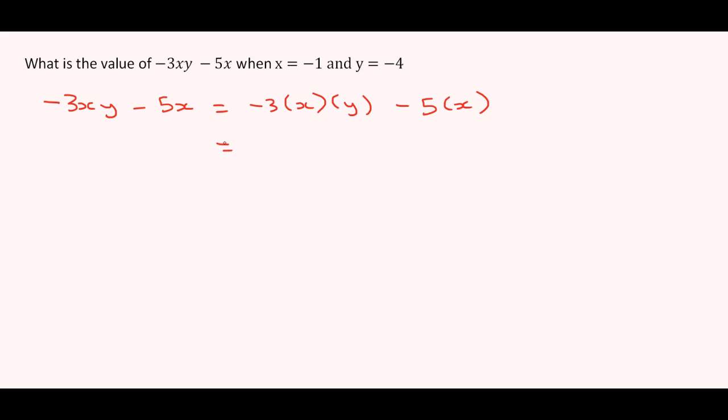So we have x equals negative 1, so minus 3, negative 1, and then y is negative 4, minus 5, x is negative 1. So minus 3 times minus 1, that is 3, times minus 4, minus 12, minus 5 multiplied by minus 1, this is plus 5. So this is going to give us negative 7.